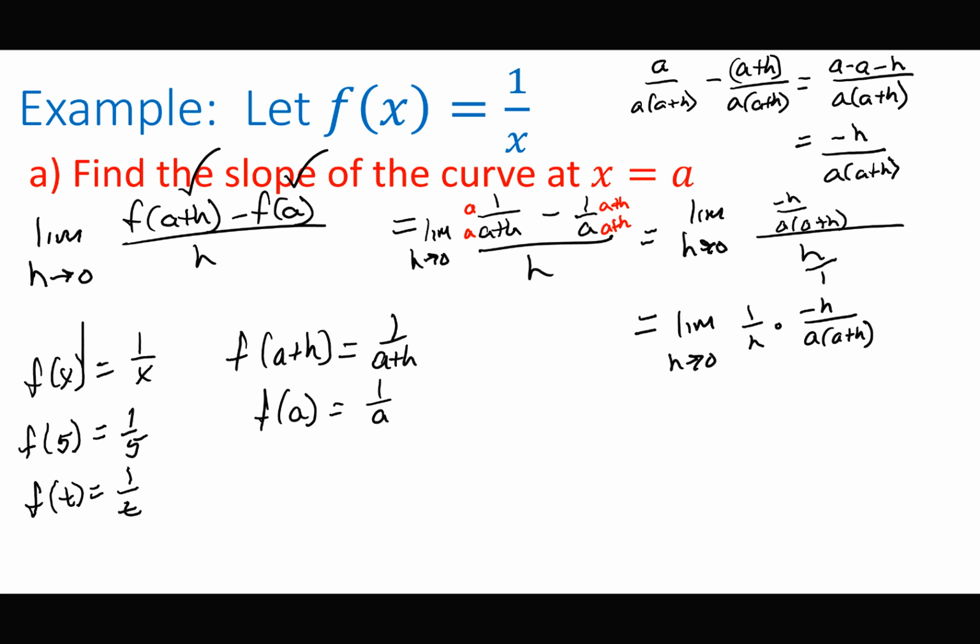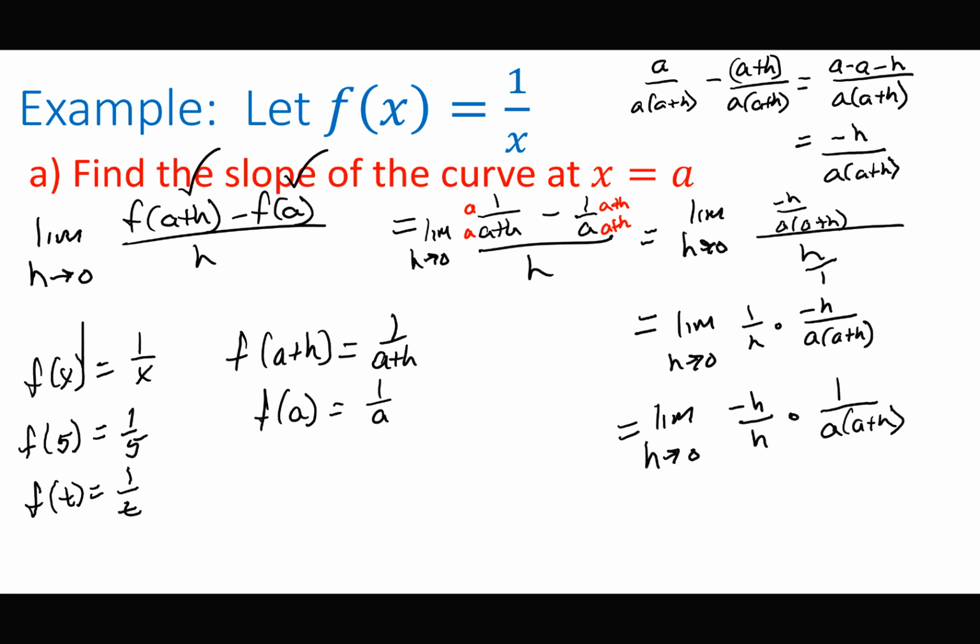Okay, so all I did was multiply by the reciprocal of the denominator. Let's do some rewriting. I'm going to rewrite this as negative h over h times 1 over a times a plus h. Still equivalent, okay, because in the numerator I have 1 times the negative h. Well, in the one below that I have negative h times 1. Still equivalent.